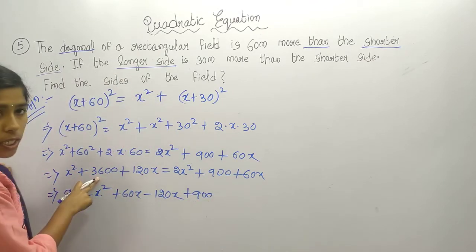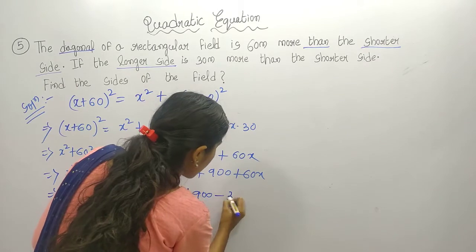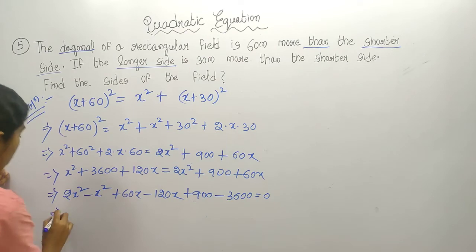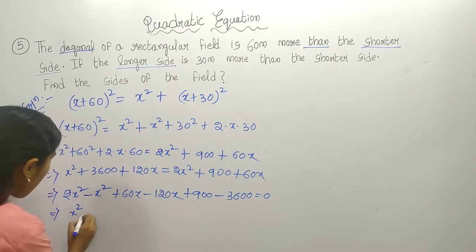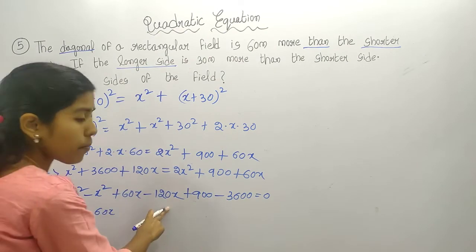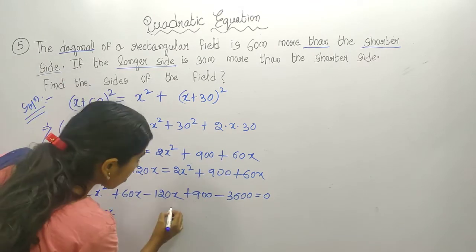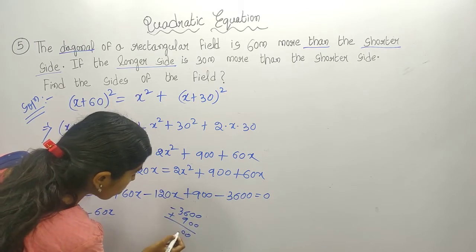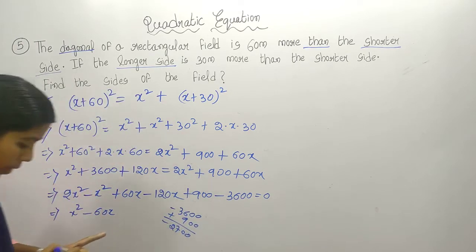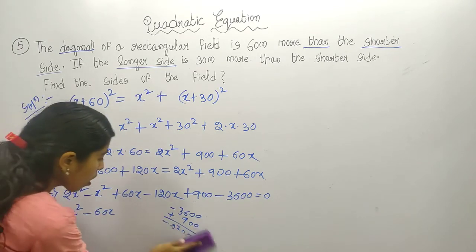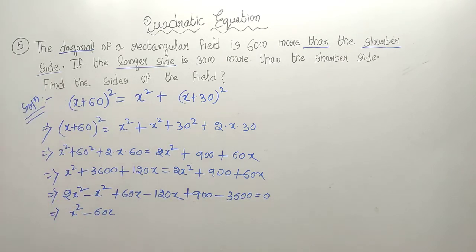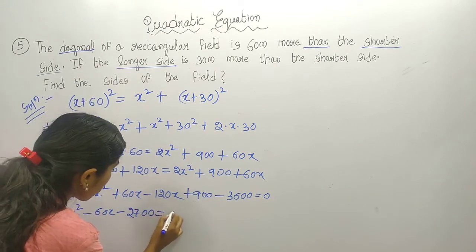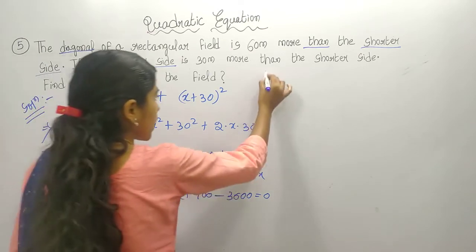Here plus 3600, you take to right hand side, minus 3600 equals 0. So that implies 2 minus 1, x square, minus 60x, plus 60 minus 120 is minus 60. Here minus 3600 plus 900 is minus 2700. Minus 2700 equals 0. Now you have to factorize this.